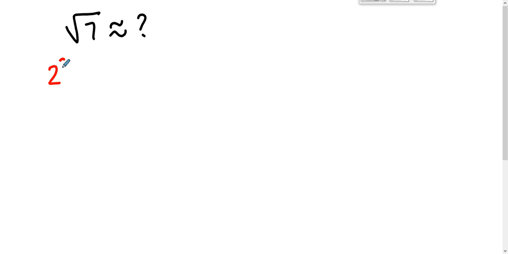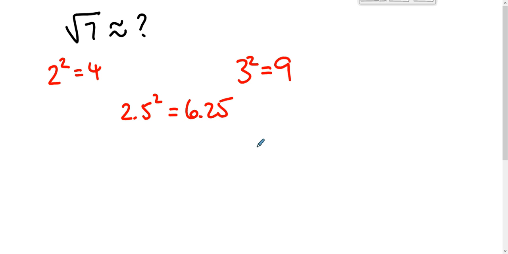Like, we know that 2 squared is 4 and 3 squared is 9, so the square root of 7 is somewhere in between. So we take a look at 2.5 squared, and 2.5 squared is 6.25. So the square root of 7 has to be bigger than 2.5. So we pick some number between those.